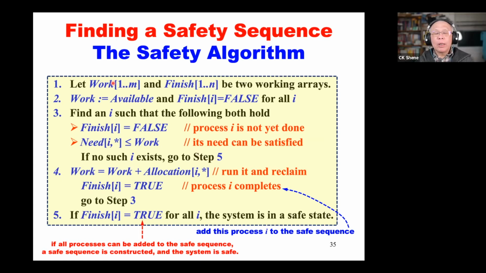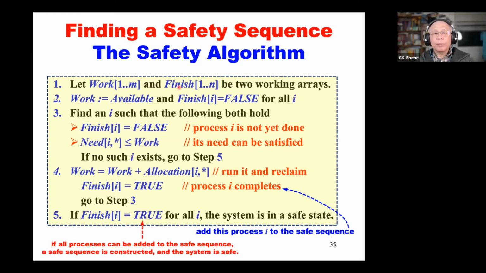The array work is actually a working copy of available, so that we do not ruin the system array available. So work is local to the safety algorithm. Initially, we copy the system available to work and set every entry of the finish array to false. This means none of the processes is done. They are still working, waiting to get the resources.